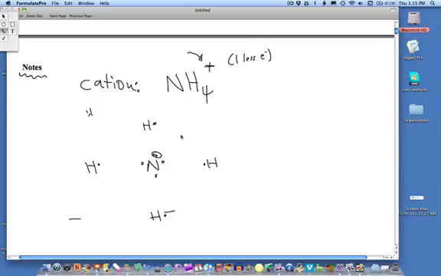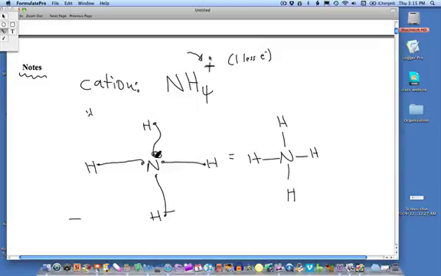Poor little hydrogen. So we're going to take a dot away from nitrogen, so that now we have 4 lonely dots on the nitrogen to match up with the 4 lonely dots on the hydrogen. And we're going to redraw it nicely, like so.